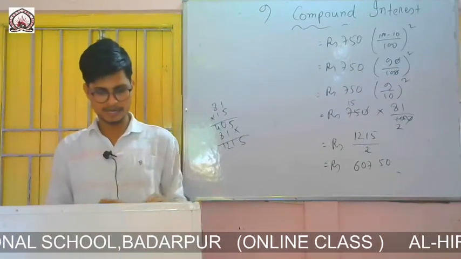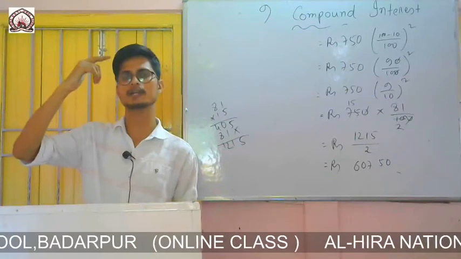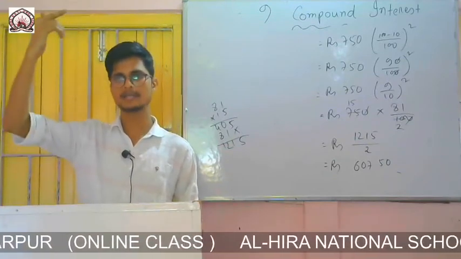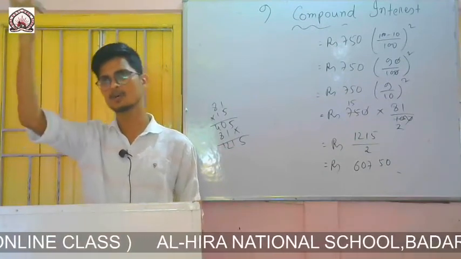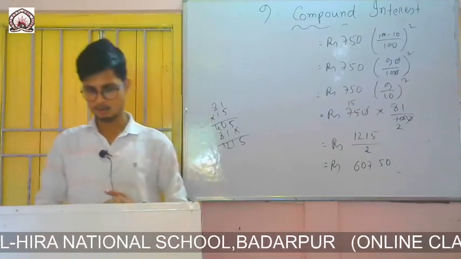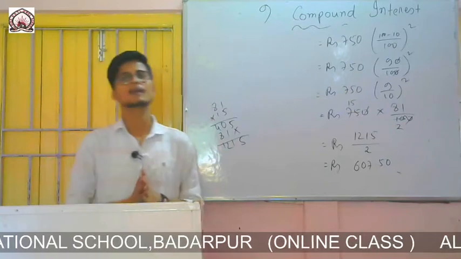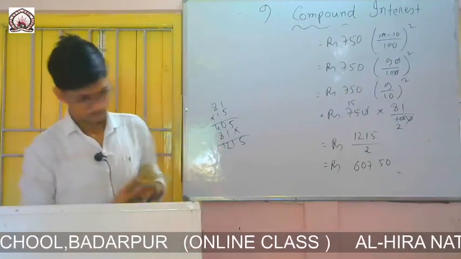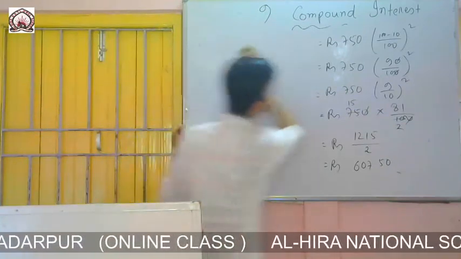From 1988 to 2008, if I start counting, 88 to 98 is 10 years, then 98 to 2008, yes, 20 years. So time here is 20 years. So we'll calculate it.